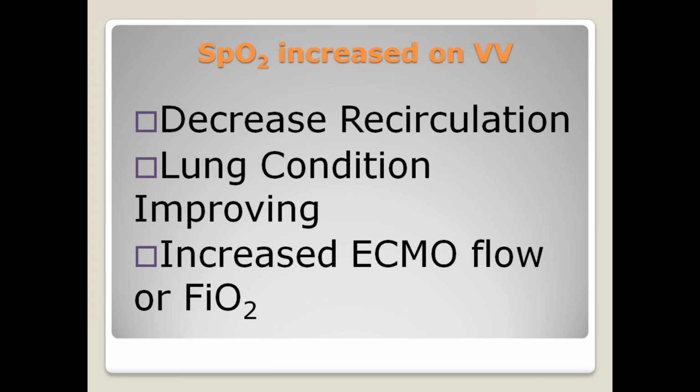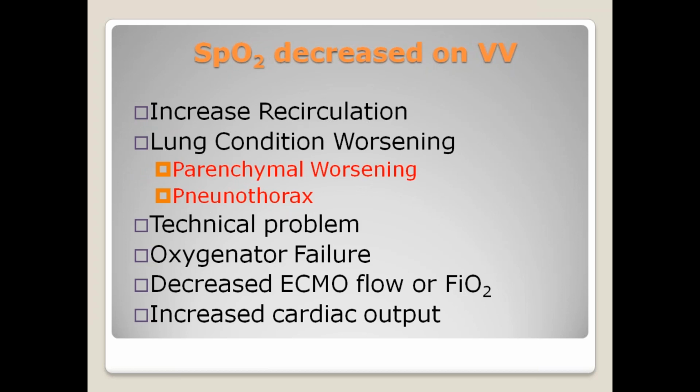SpO2 increase can be because of decreased recirculation, improving lung condition, or increased ECMO flow or FiO2. SpO2 decrease: either recirculation is increased or lung condition is worsened. There can be technical problems, oxygenator failure, decreased ECMO flow and FiO2, or increased cardiac output.